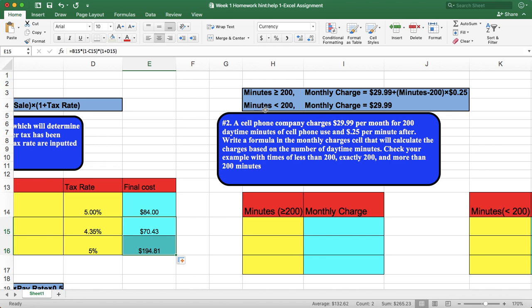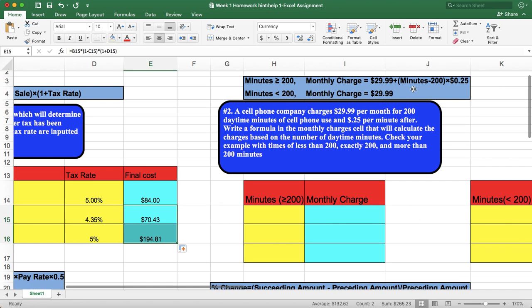If the minutes are less than 200, that's easy. Whether it is 10 minutes or 20 minutes or 199 minutes, the charge is $29.99. So how to put this formula into Excel?